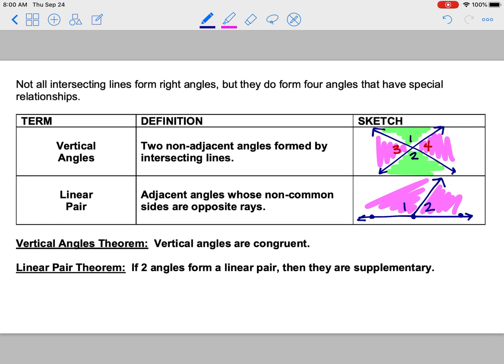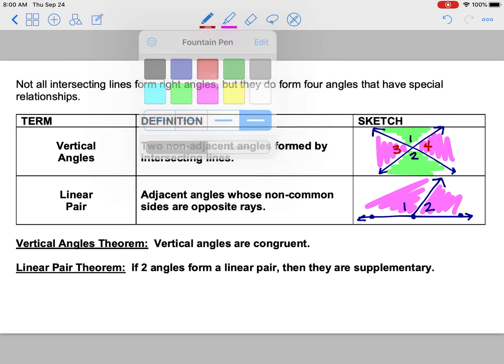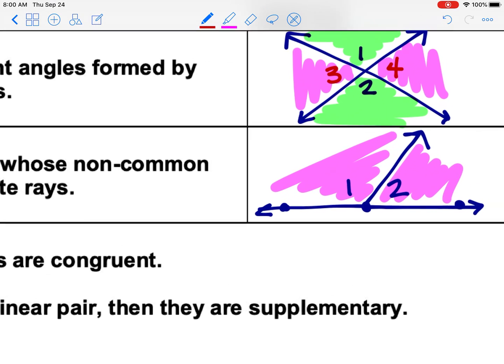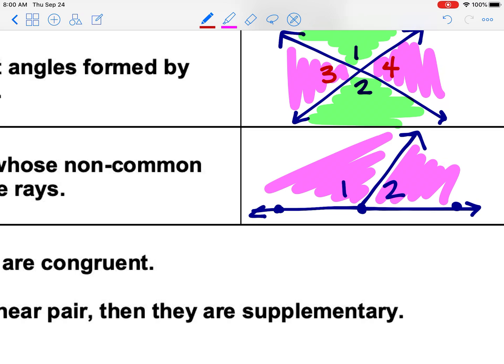So now let's look at our theorems about these two angles. Very easy to remember. Vertical angles are always going to be congruent. So if we look at our picture above here, we said that angles 1 and 2 are congruent. They're vertical angles. And also angle 3 and 4.